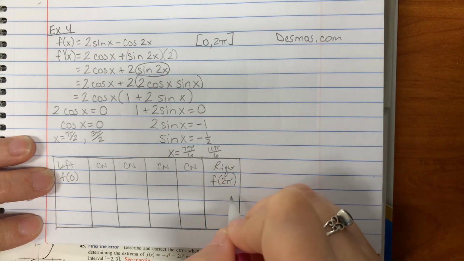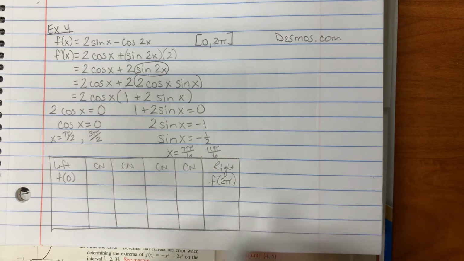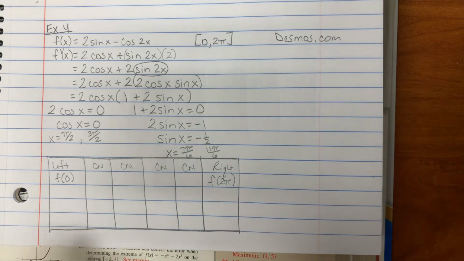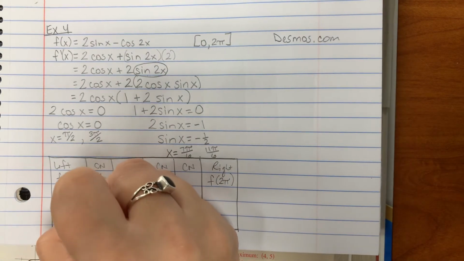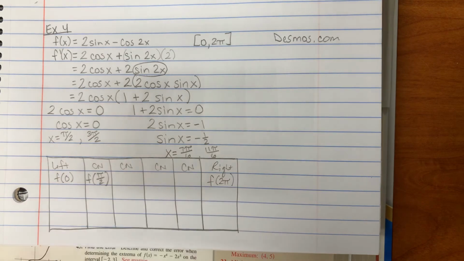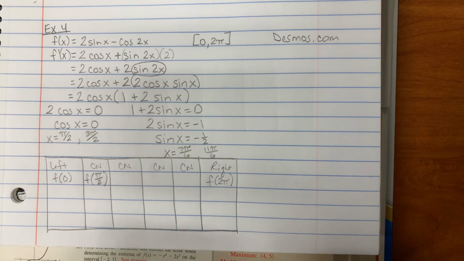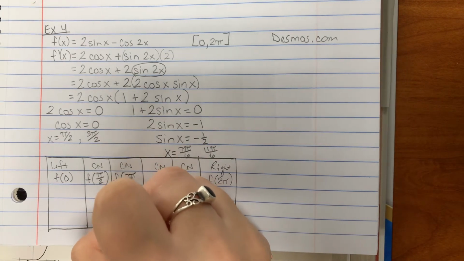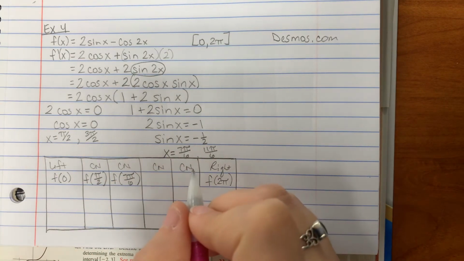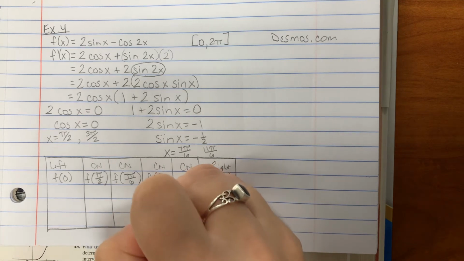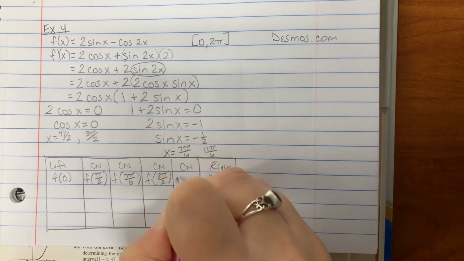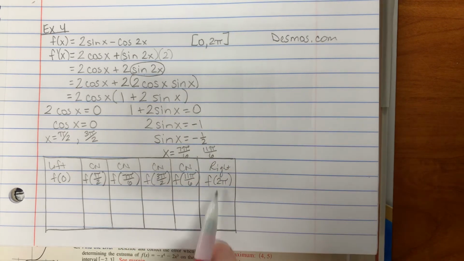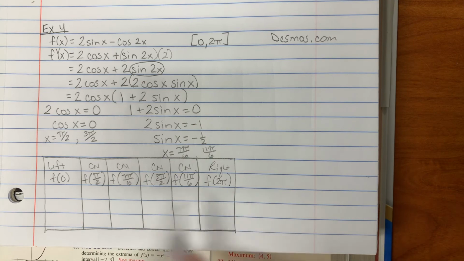Everything in between is all of this other stuff. If you're not sure of the order, it's okay, but I'm going to put them in order just for my own OCD. So pi over 2 is first. 7 pi over 6 is next. Then my 3 pi over 2. And then my 11 pi over 6, which is still smaller than 2 pi, so it is still in my interval.